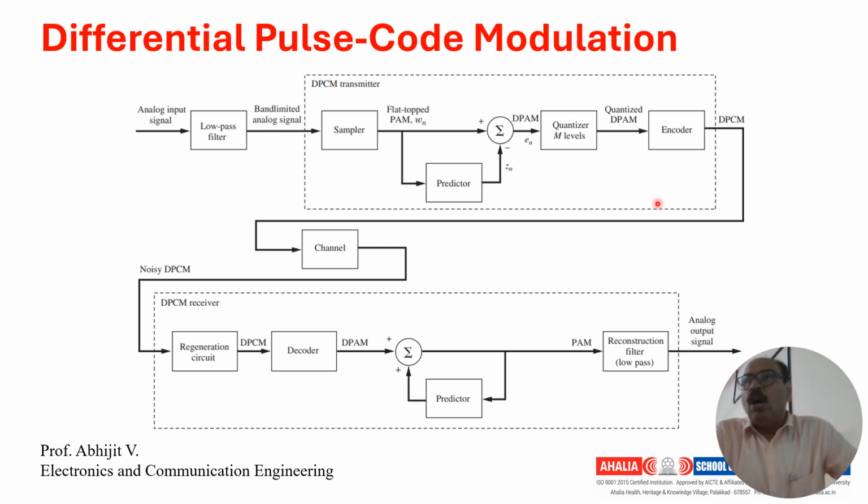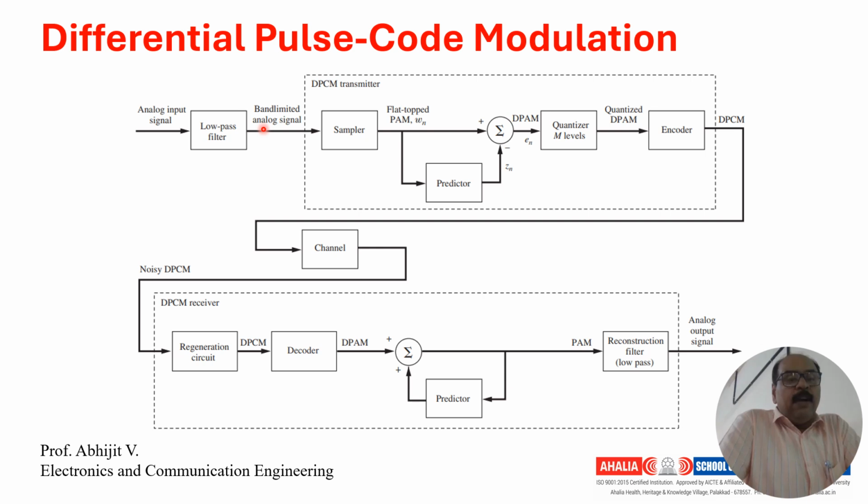So this is a block diagram of the transmitter and the receiver of a differential pulse code modulation system. We have an analog input signal here that passes through a low pass filter, and then here is where we are doing the DPCM transmission process. We are generating the DPCM transmitted signal.